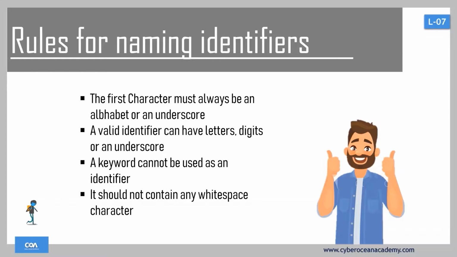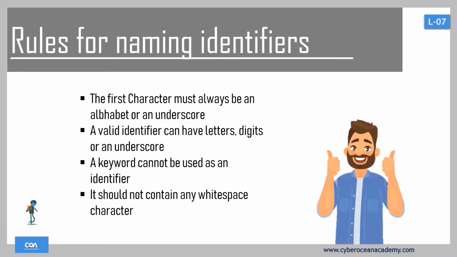If the name has letters, digits, or an underscore, then it is a valid identifier. Suppose you start writing the identifier with other symbols, for example a dollar sign with a small bracket, that is not a valid identifier.